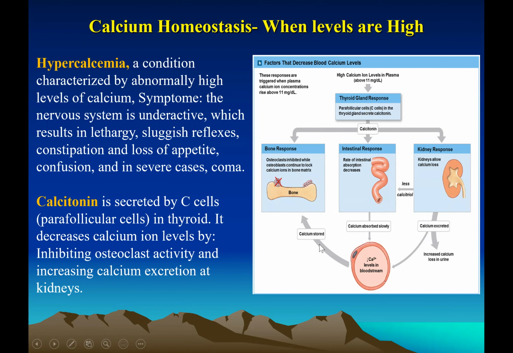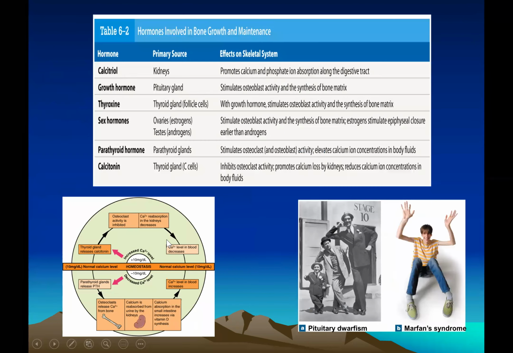So the calcium level is restored. It's going to pack the calcium back in the bone. So thereby we have calcium homeostasis. It's like the yin and yang of calcium. So calcitonin and parathyroid hormone have opposite actions.